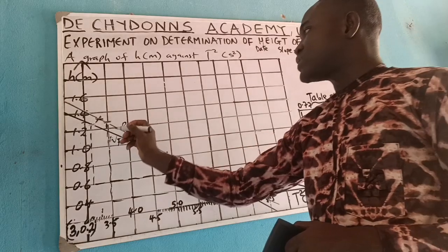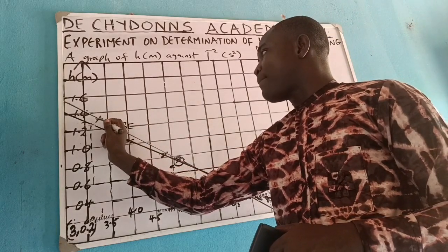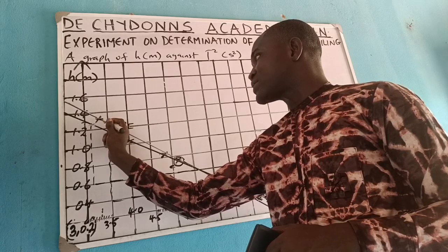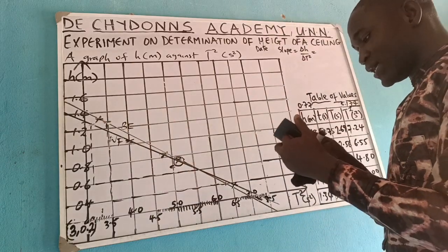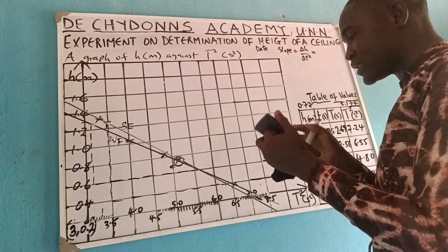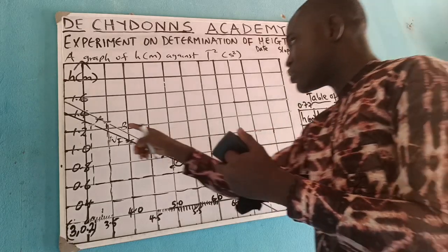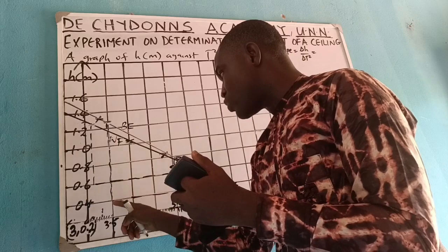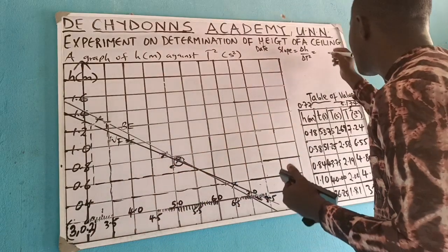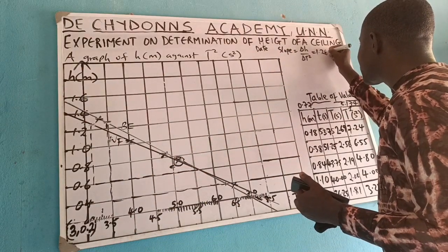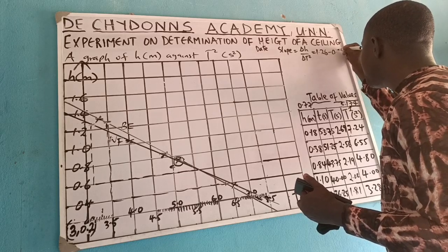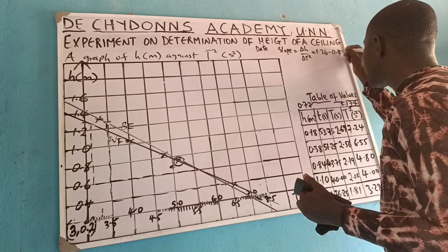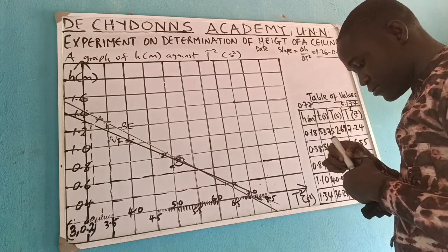For the best fit, here is about 1.26. You now say 1.26 minus, come down to this, 0.4, all over.